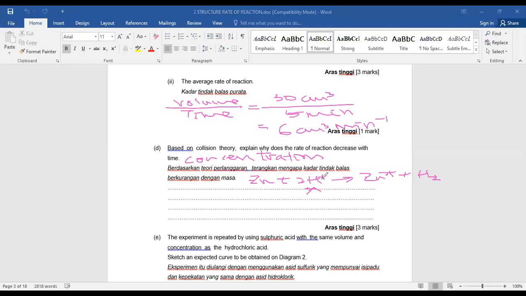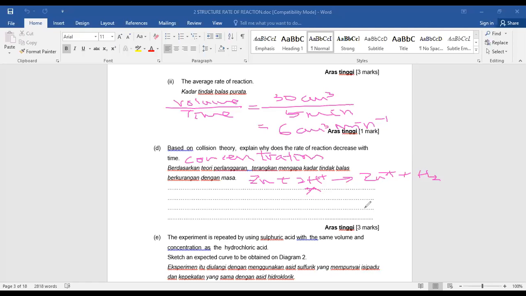Okay. So your answer: as time moves on, the concentration of hydrogen ion decreases. The frequency of collision between the zinc atom and the hydrogen ion decreases. The frequency of effective collision between the zinc atom and the hydrogen ion decreases with time. 3 sentences.